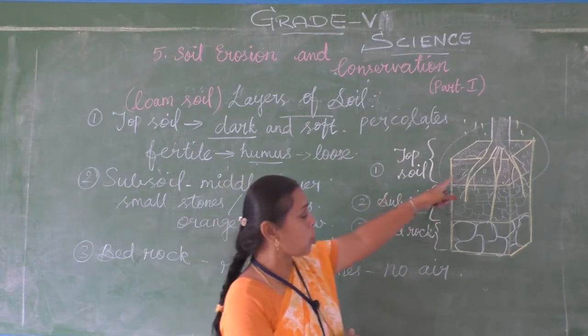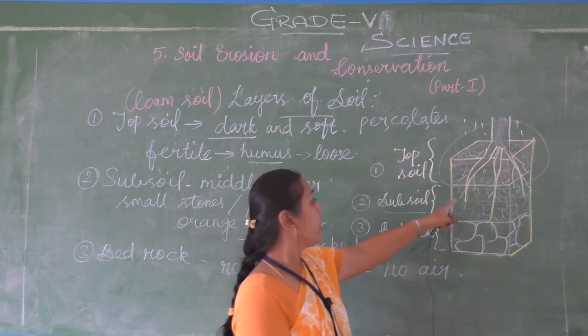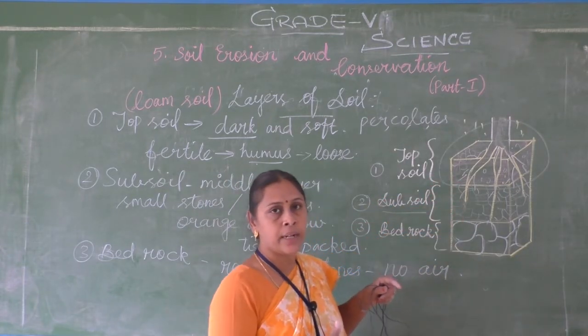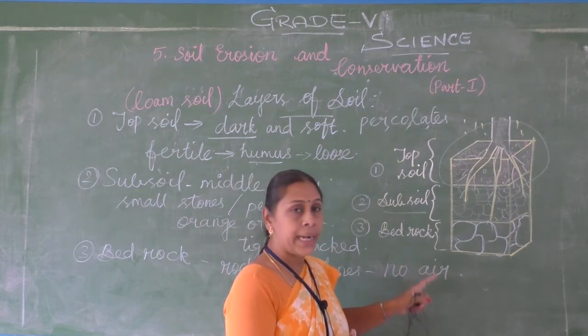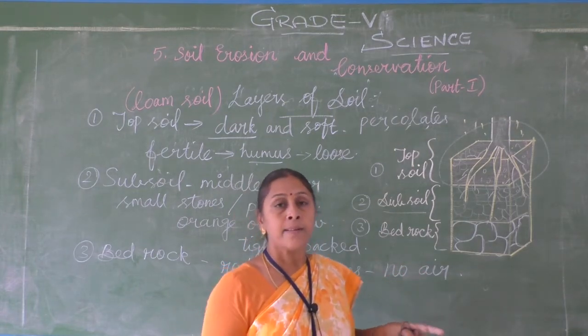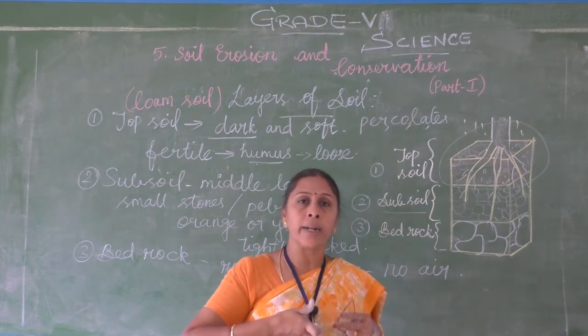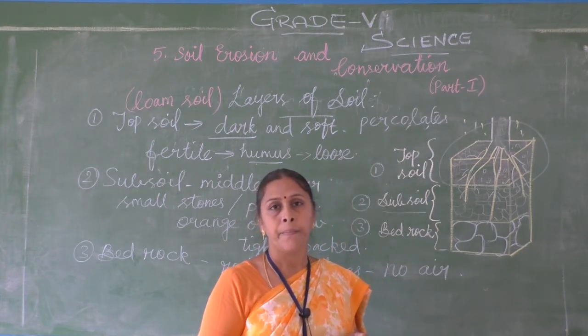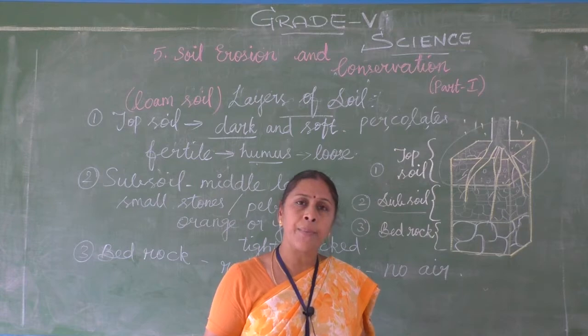In the topsoil, more space was there. In the middle, less space than the topsoil. In the bedrock, no space is there. So no air or water will enter in that area. So no living organisms will be seen.